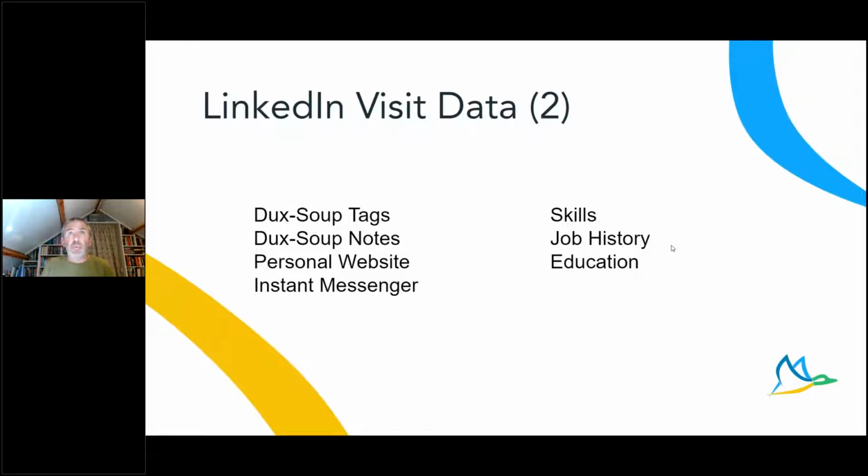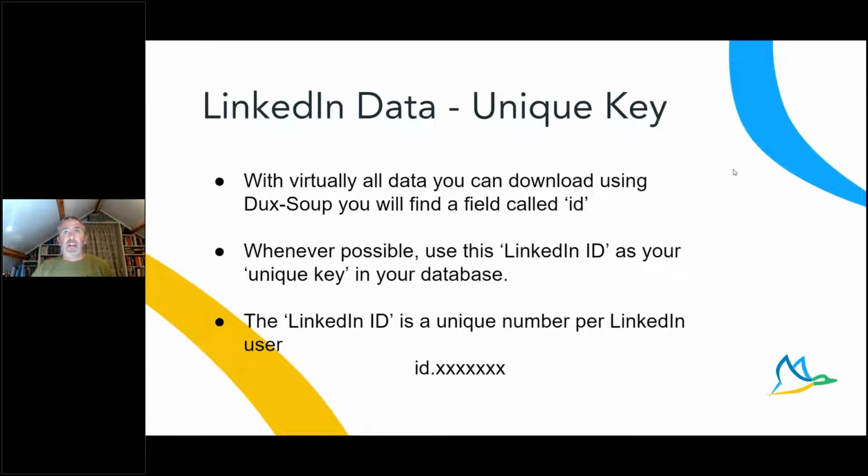If they've got a personal website, instant messenger handle, and then, as I talked about earlier, the skills, their job history, and their education. So all of that information is available from every profile that you visit. And yeah, it's there sitting in the browser cache, ready for you to download as and when you need it.